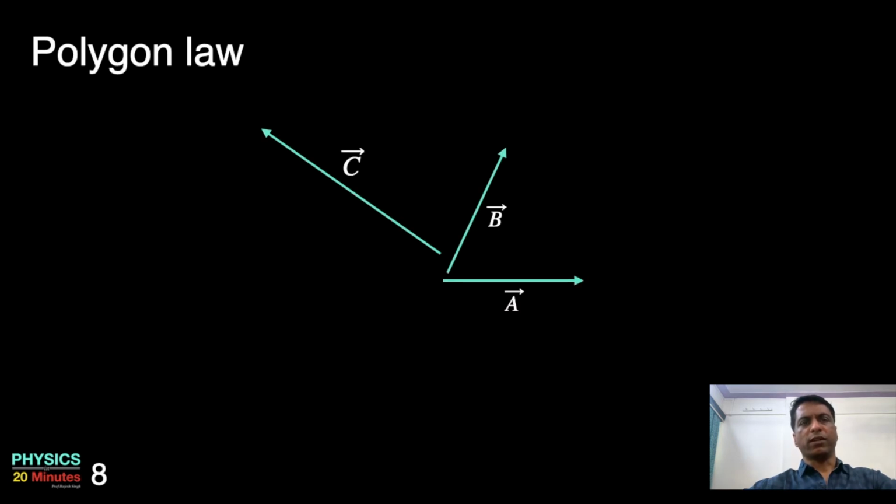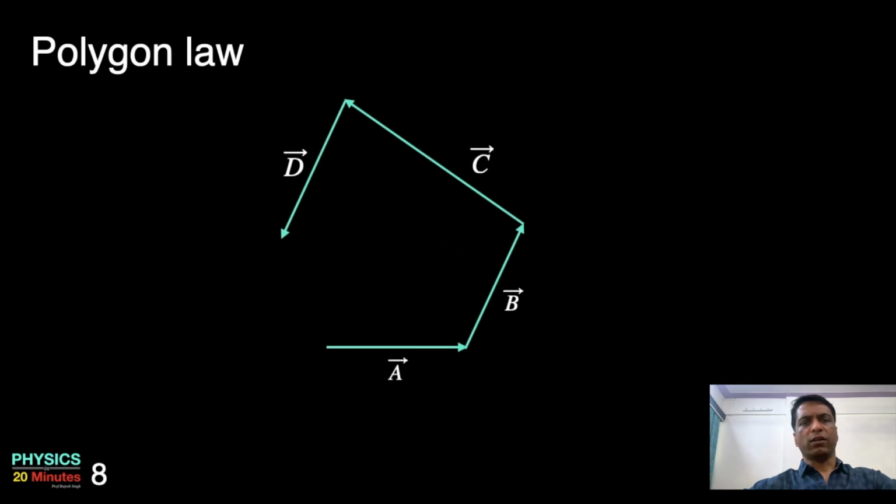They are pointing in different directions: vector A, vector B, vector C, vector D. So just like we did with triangle law, we can arrange these vectors in order in a way that B goes on the head of A, C goes on the head of B, and D goes on the head of C. Now if I draw a vector from the tail of A to the head of D, then this vector will be the resultant vector R, and it would be written as R is equal to A plus B plus C plus D. As in the triangle law, here also the order of addition will not matter.